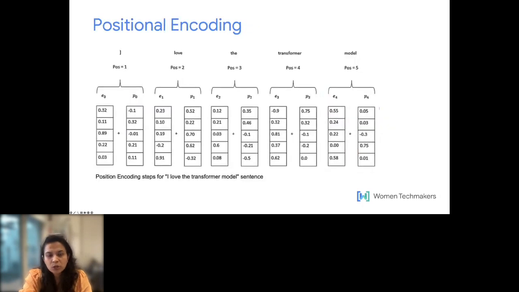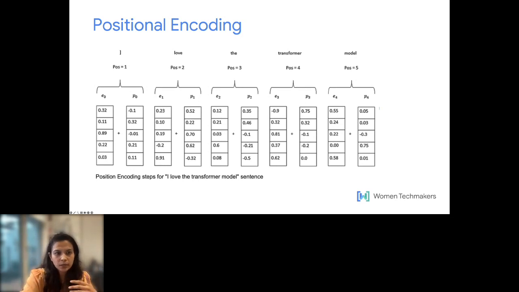Coming to positional encoding, what does positional encoding mean? We saw that RNNs process data sequentially, token by token, right? What we are doing in transformers is we take the input, convert that input into vector form, and then add the positional details to the input.